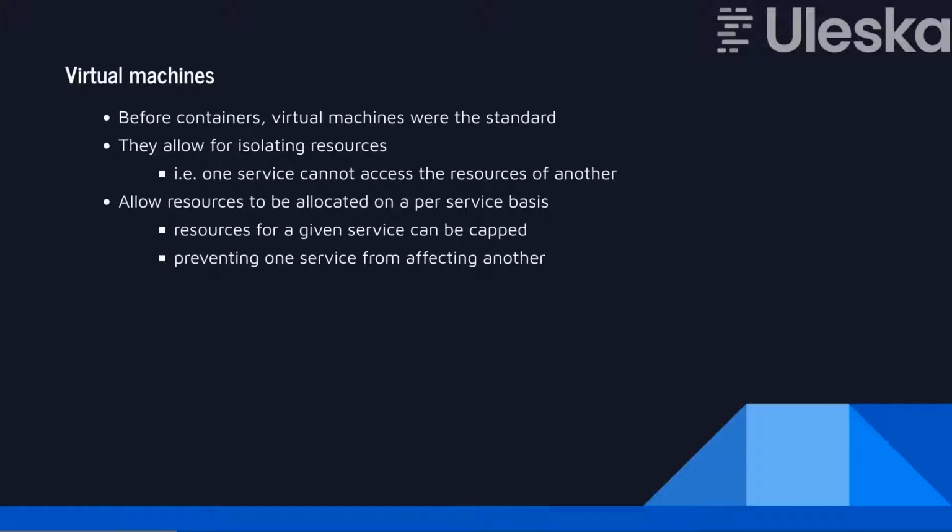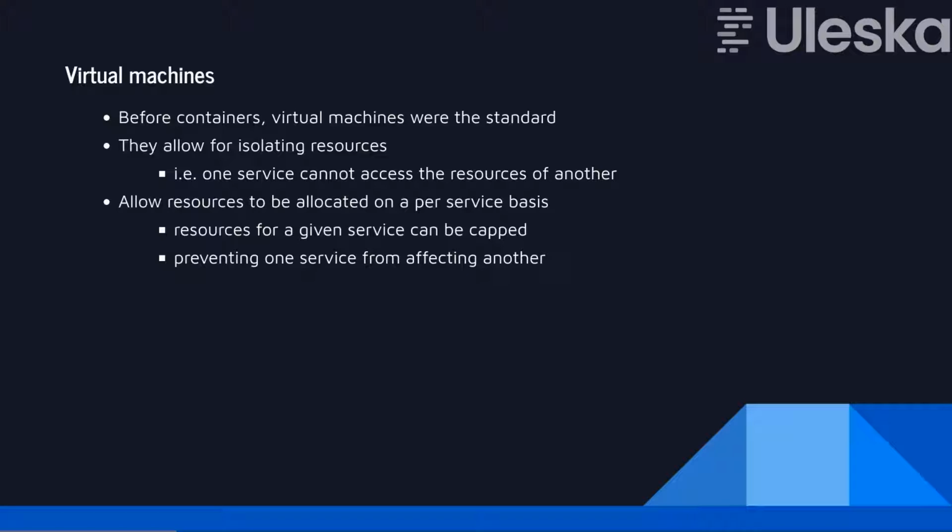Before containers, the de facto standard for virtualizing applications was virtual machines. The real problem that they were trying to solve was to allow for isolating resources and to allow for resources to be allocated on a per service basis.